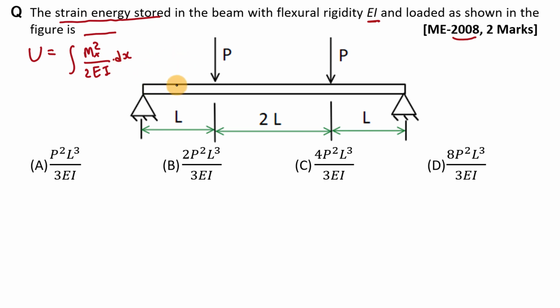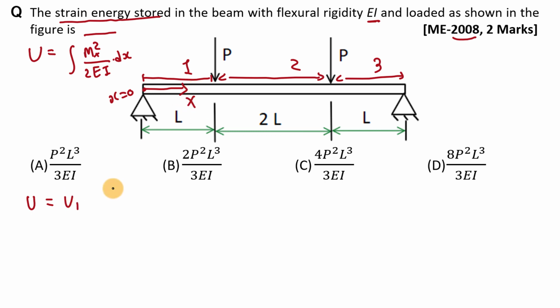Now see, here we will take this part as part 1, this part as part 2 and this part as part 3. And let's say at this point we take origin where x is equal to 0 and this right direction as x direction. So here we have to find out total strain energy, that will be summation of strain energy in part 1 plus strain energy in part 2 plus strain energy in part 3.